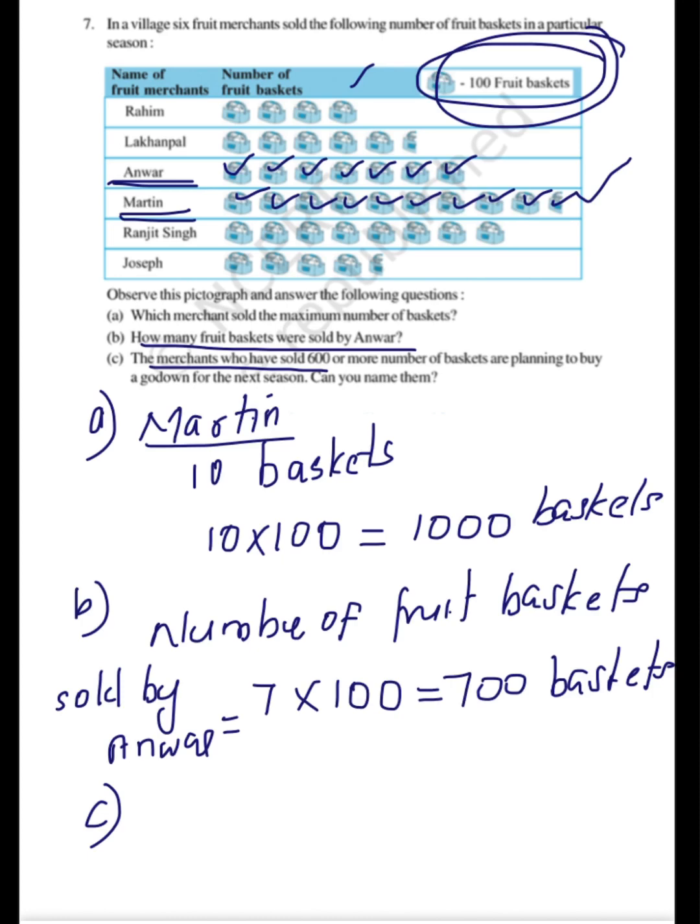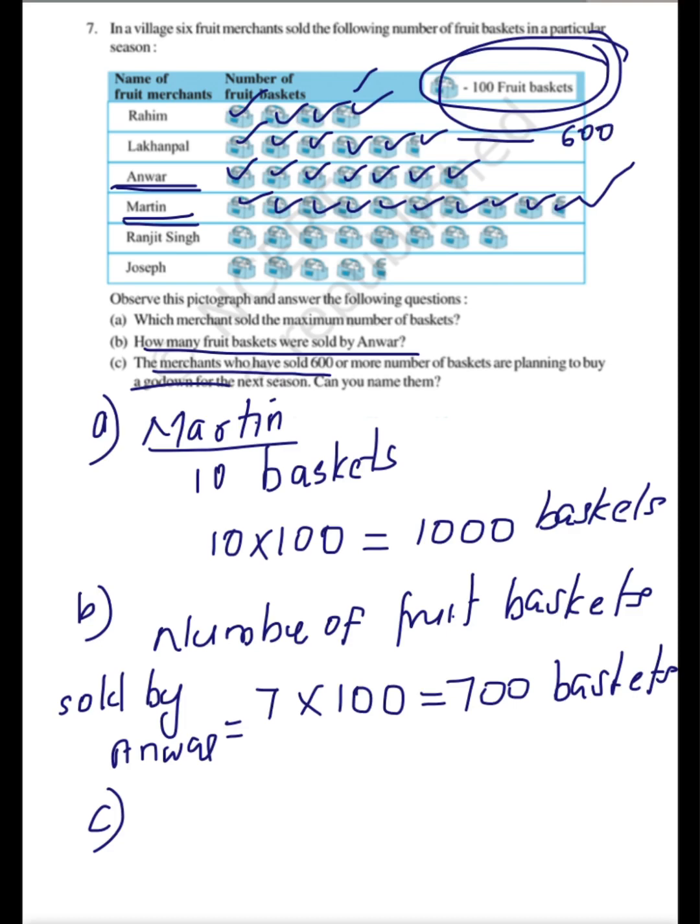So let's see the first one, which is Rahim. Here only 4 baskets are represented. That means only 400 baskets were sold. Now what about Rakkanpal? 1, 2, 3, 4, 5, 6. 6 baskets are here. That means 600. But the question says the merchants who have sold more than 600, so this is not needed.